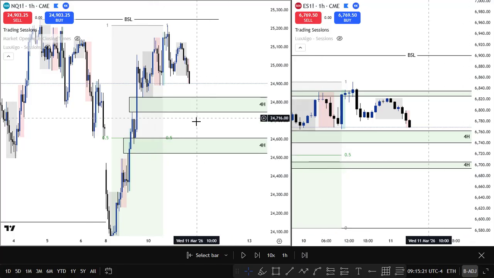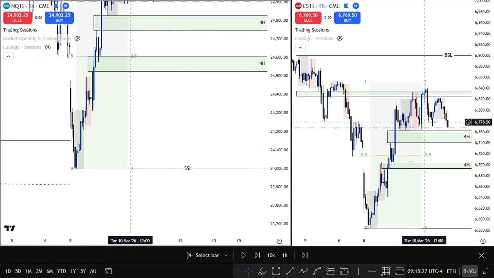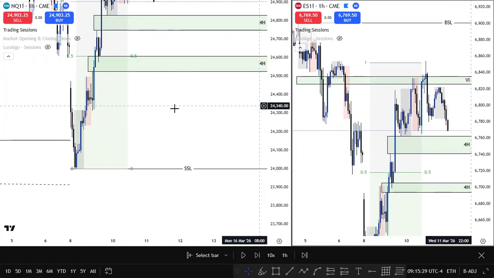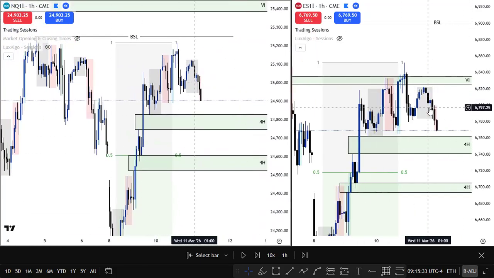Or if price inverts all of this, I can potentially expect price to keep crashing lower. So that's pretty much it based on what I see. Let's drop to hourly to see what the price is forming.